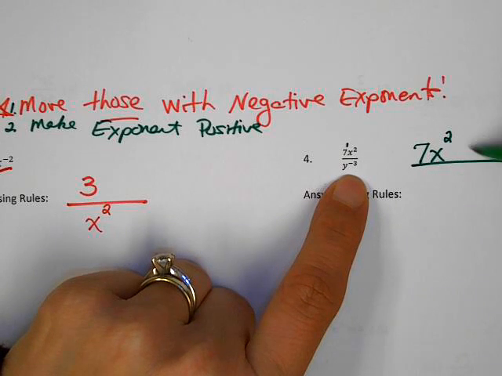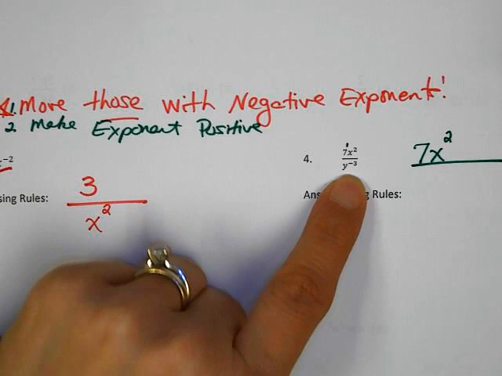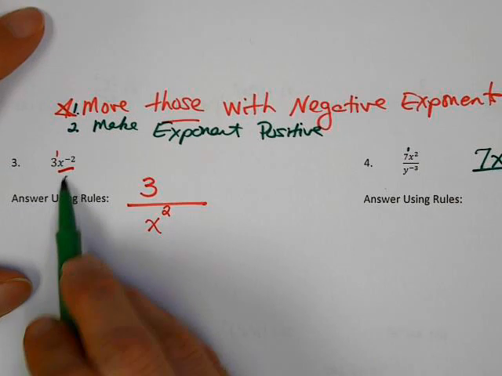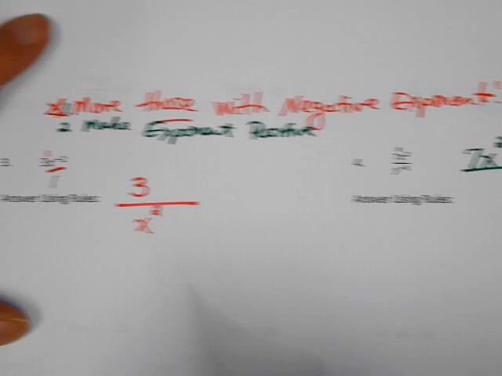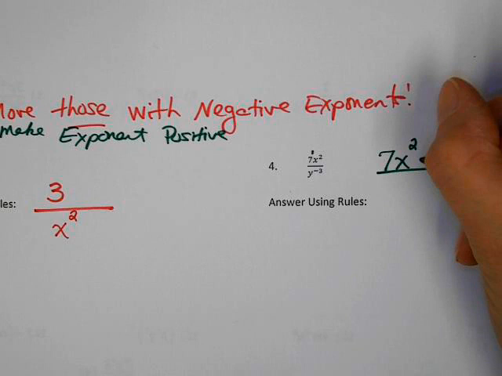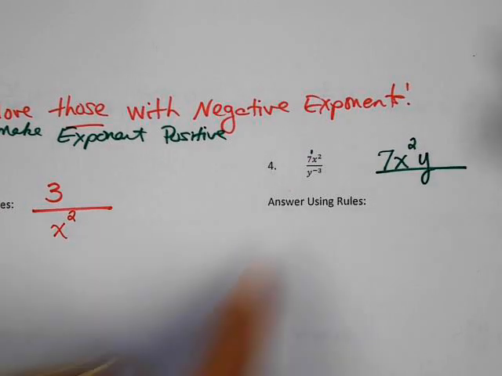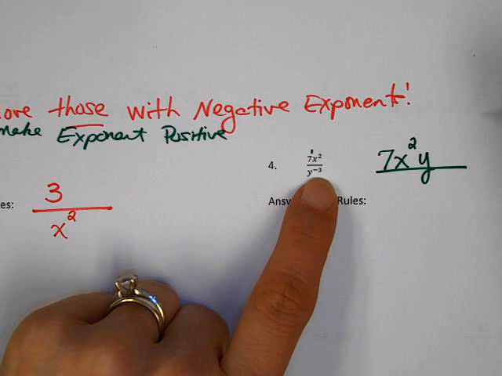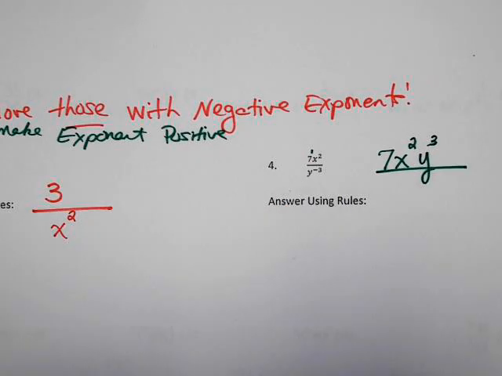No. Is he going to move up to the numerator? Yes. If you're downstairs, you move upstairs. If you're upstairs, like this one was, then we move you down to the denominator. So y, get up here. Get up in the numerator. And then I'm not going to write his power as negative. I'm going to write it as a positive.